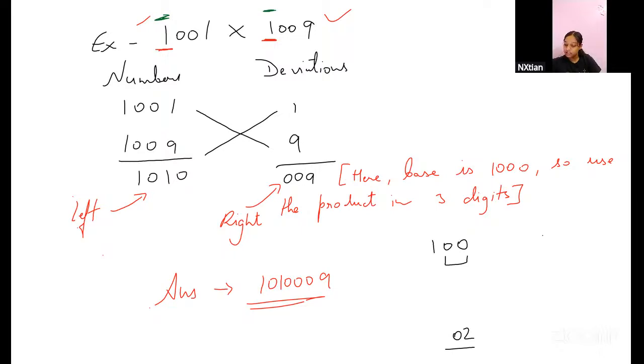If my number is 1000, four digits, in thousands, and the product of deviation is coming 2, 1000 has how many zeros? 3 zeros. So I will put 2 zeros before 2 to make it 3 digits. The number of zeros, that many digits you have to make in the product of deviations.